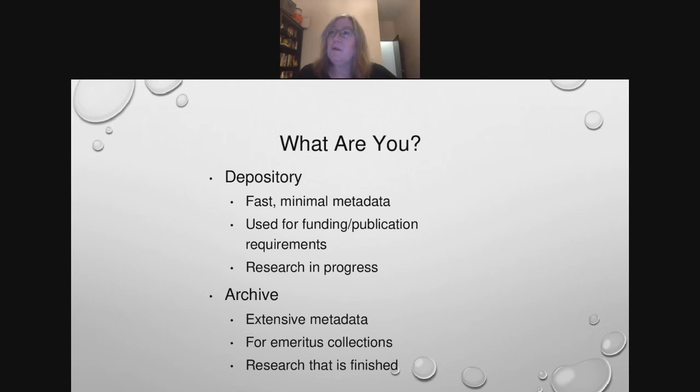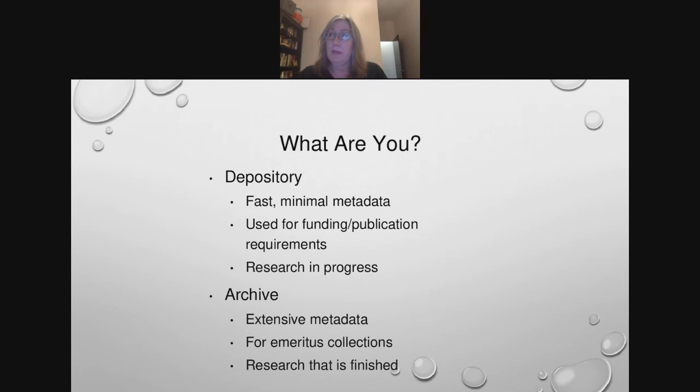And we loved our repository. We absolutely loved it because it was really great. It was complex, it was flexible. But as we started doing researcher interviews and consultations, what I found was we really weren't sure what we were.